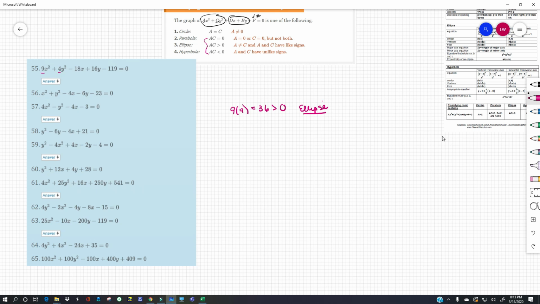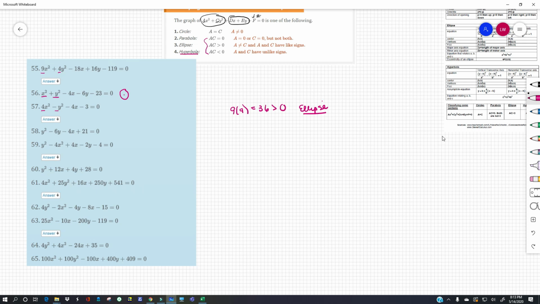In number 56, A is 1, C is 1. They're the same, so that's the general equation for a circle. In 57, A is 4, C is -1. The signs are different. That's your red flag, which makes the hyperbola that much more appealing.